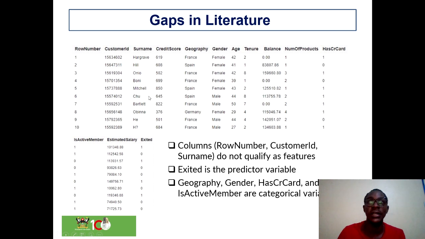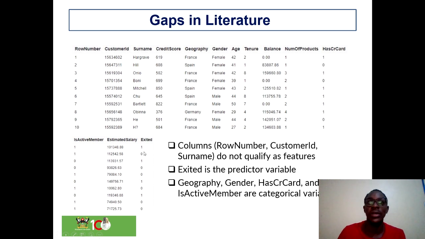From looking at this, we can tell that the row number, customer ID, and surname do not qualify as features because these, especially the row number and the customer ID, are unique in the dataset and wouldn't give our model any information to learn patterns from.